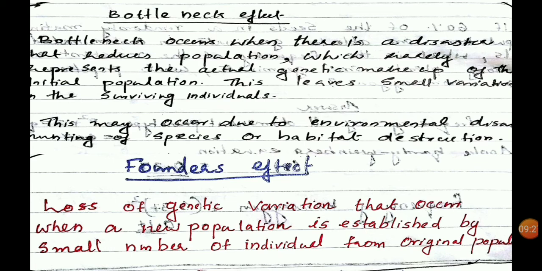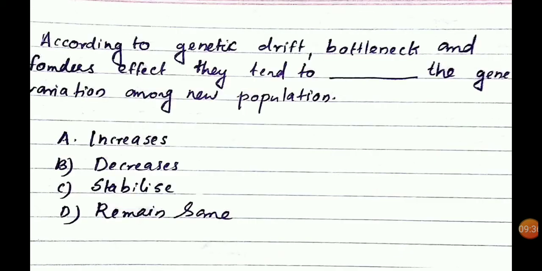Then there is some loss of genetic variation. This is the founder's effect.